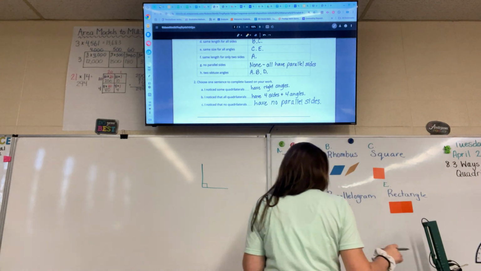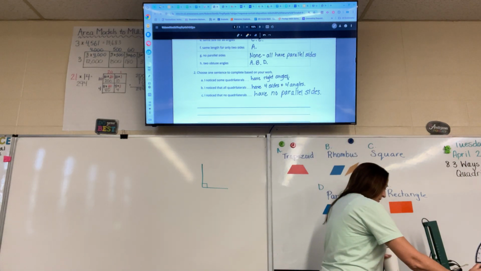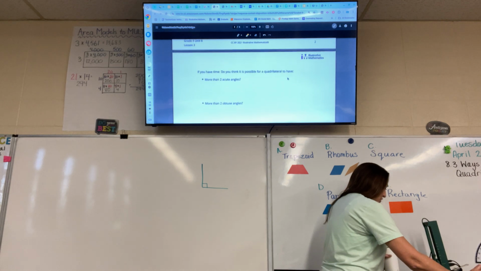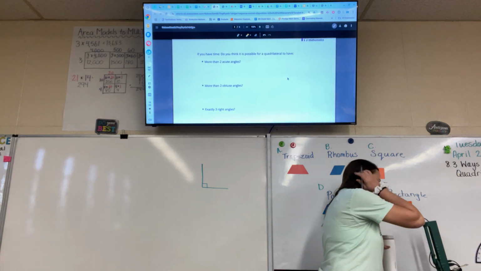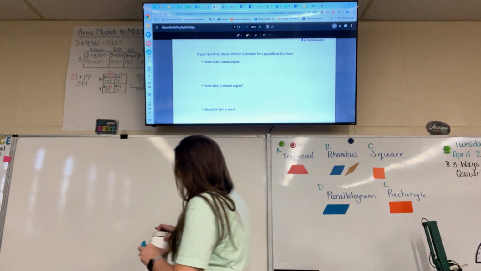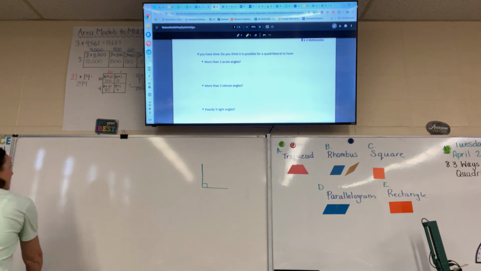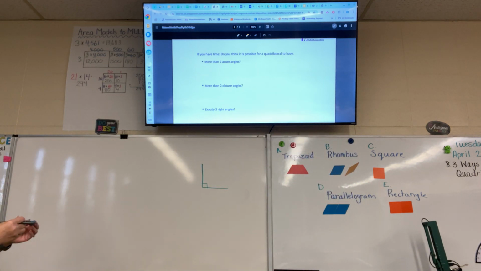Okay. Next page. This says if you have time, do you think it's possible for a quadrilateral to have more than two acute angles?